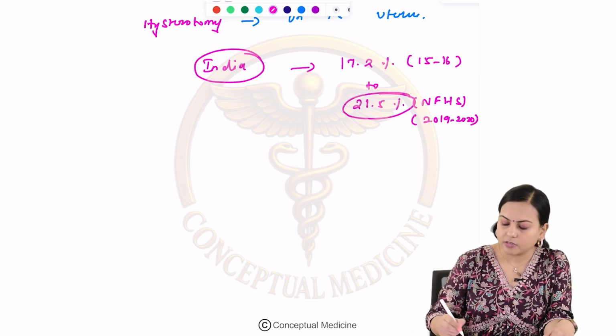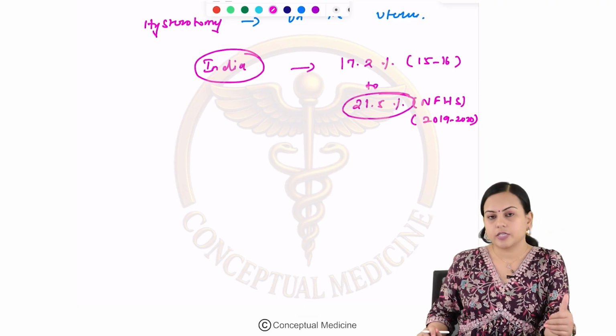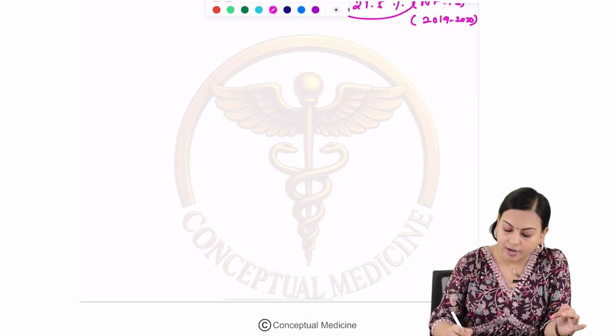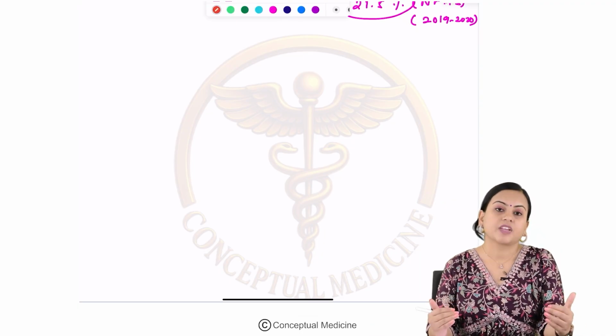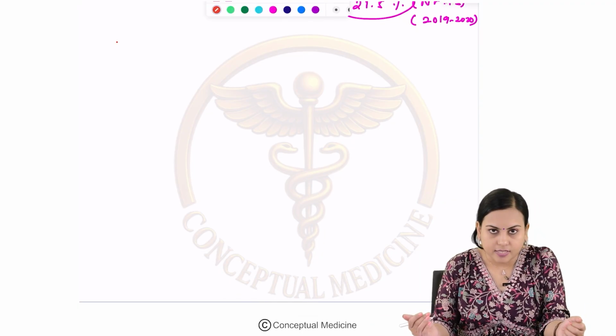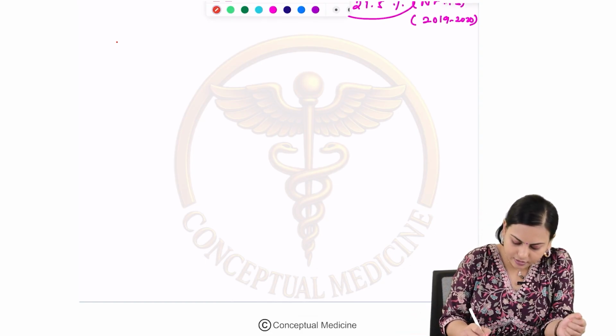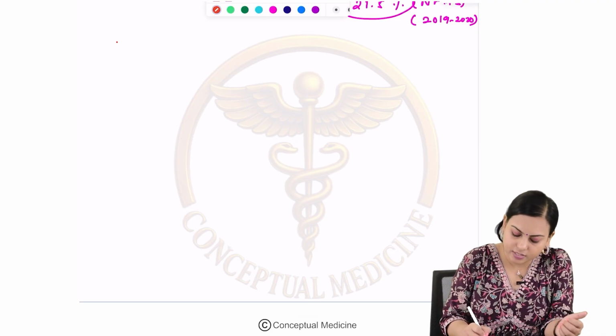So you see how much increase there is. It is very important to know about Cesarean section and the ideal indications for performing it. Now, we'll see the types of Cesarean section first.